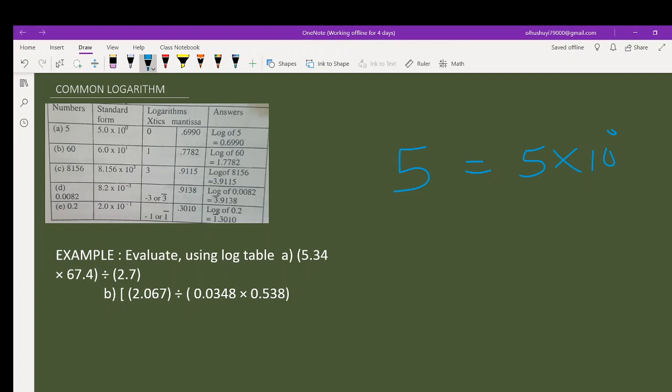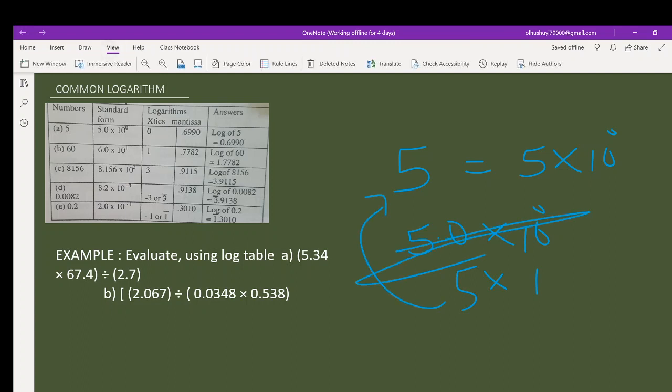Then we'll look for our mantissa with the use of our table. Yes, that's the way it's done. So you have 5, which means 5 times 10 raised to the power 0, or 5.0 times 10 raised to the power 0, which still means, anything to the power 0 is 1. So 5.0 is 5 times 1, and that gives you this back. Do you get that? Let's look at others.